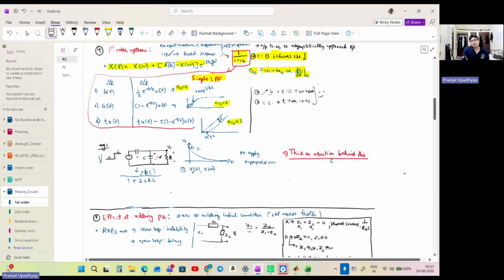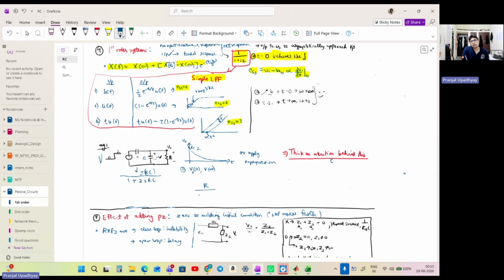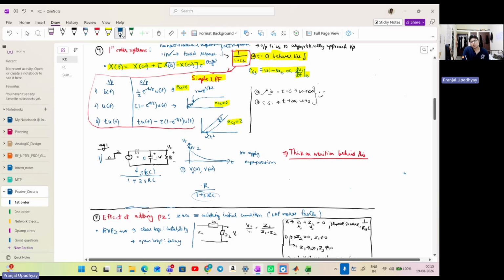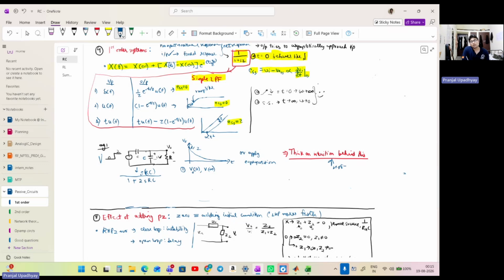So here also we can understand that for this RC network, what is the impedance of this RC network? It is R over 1 plus SRC. First of all, I should write H(s). So we can understand that this parallel transfer function will become zero at infinite frequency, right?